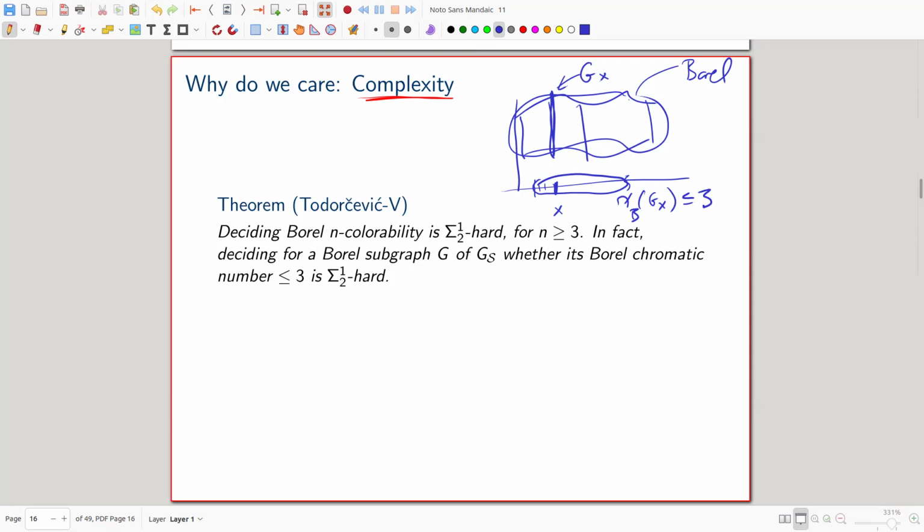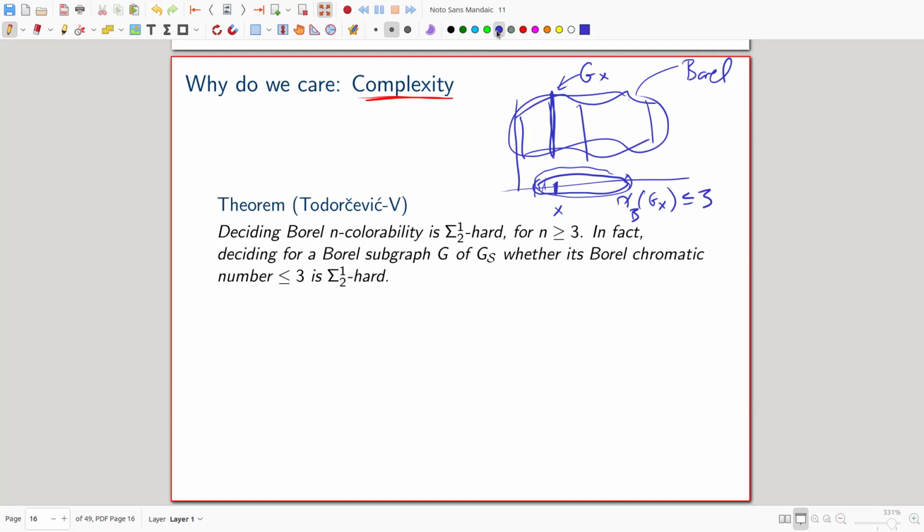Okay, so for any Borel set on the plane or any Borel collection of Borel graphs, I can ask how complicated this set is. In descriptive set theory, and I guess in other areas of logic, we can make sense of this complexity question. If you write down the definition of these sets, you get the following statement.